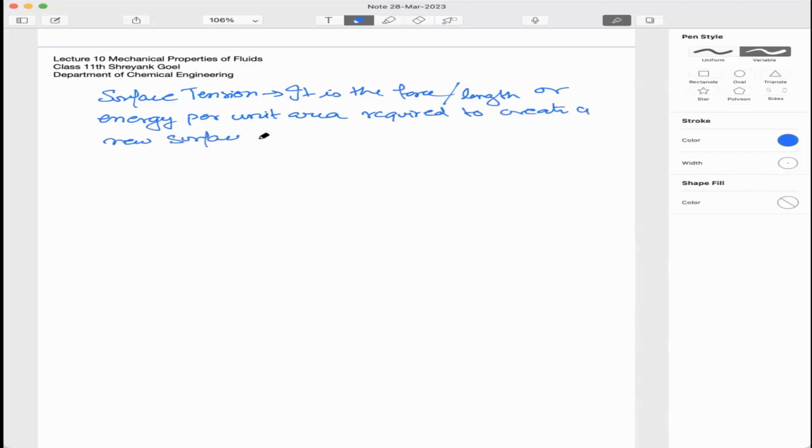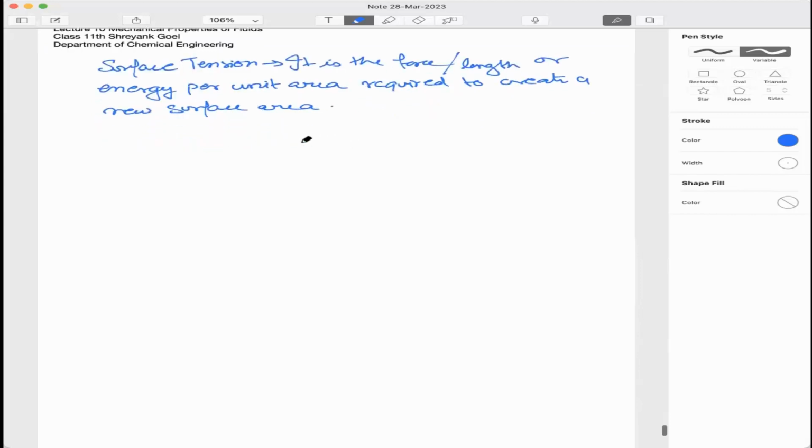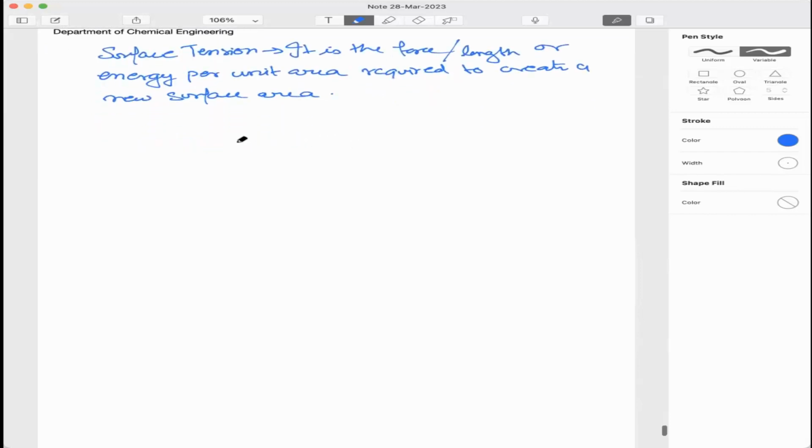To make you feel about the concept, consider that in our childhood days we have seen this kind of ring. We dip it in a soap solution to make bubbles out of it. When we dip this, what will happen?